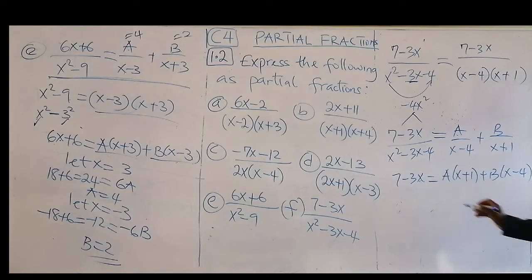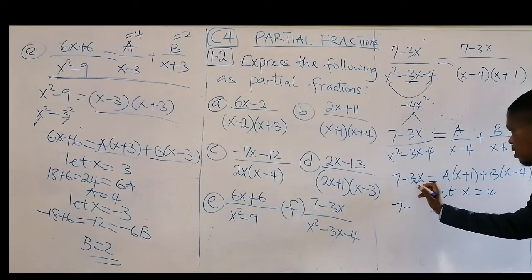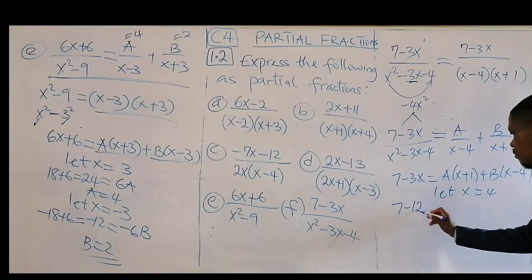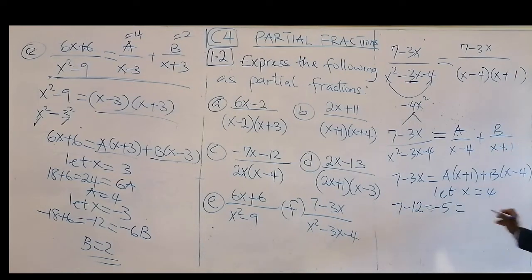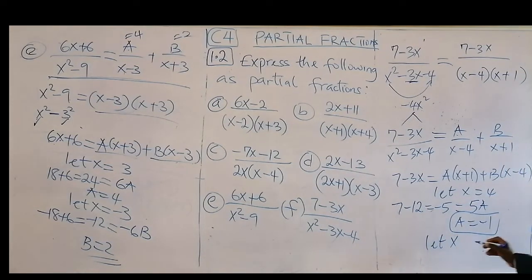So let x be equal to 4. In that case we have 7 minus 3 times 4, that's 12, and that's minus 5, equal to 4 plus 1, that's 5. So A is minus 1. For that place, A is minus 1. Then the next thing we can do is to go for x equal to minus 1.